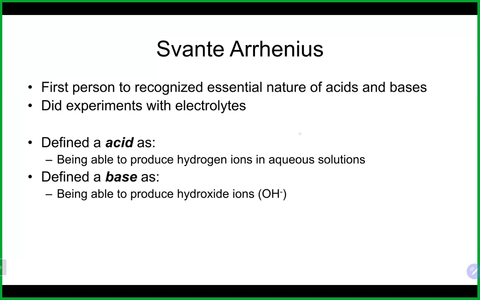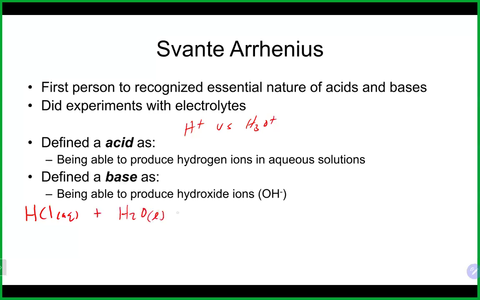Now, just to demonstrate the difference between H plus and H3O plus. When you write an equation for a strong acid like hydrochloric acid, you could describe how it breaks apart in solution by reacting it with water.